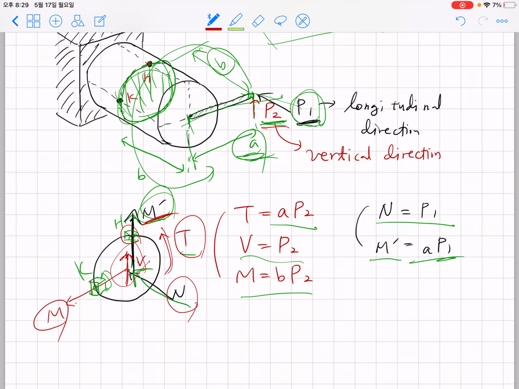So that's the normal stress and shear stress you can find out of these reaction forces. Now let's consider K point. At K point, we have normal stress from N and normal stress from M prime, but there is no normal stress due to M, because M goes through this K volume.